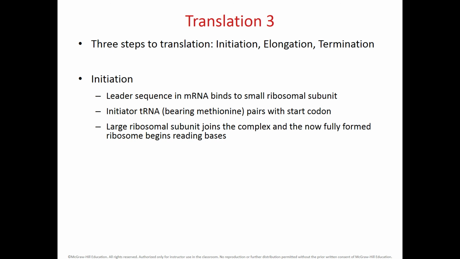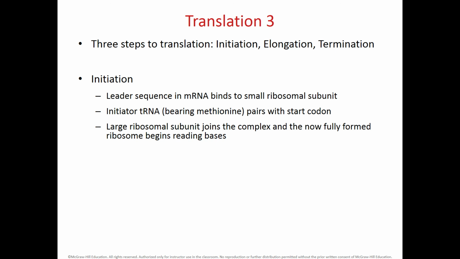So what are the 3 processes of making a protein? Initiation, in which you start with your AUG, the start codon, you put methionine, and then you start elongating your polypeptide by adding amino acids together in peptide bonds. And then you stop the process because you have completed the sequence. This is known as termination.